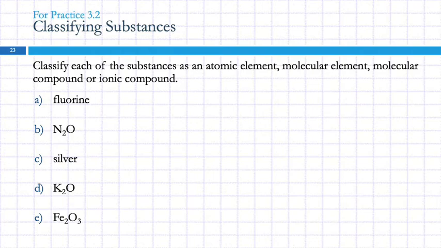We need to be able to classify elements and compounds, especially compounds, so that we can use the appropriate system of naming for them. So we'll practice that. So fluorine, we're looking for atomic element, molecular compound, or ionic compound.